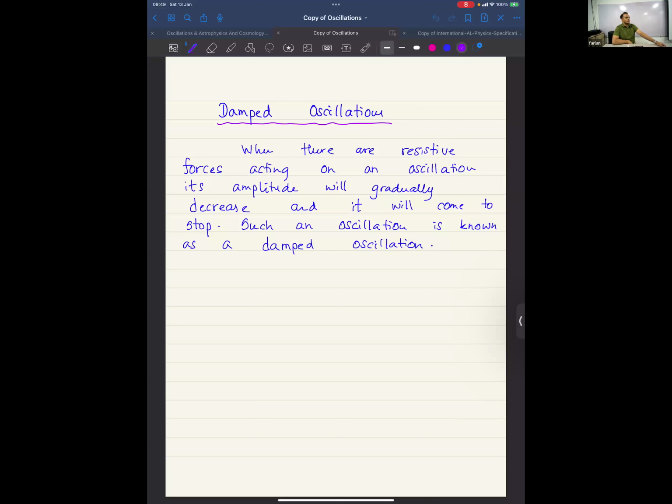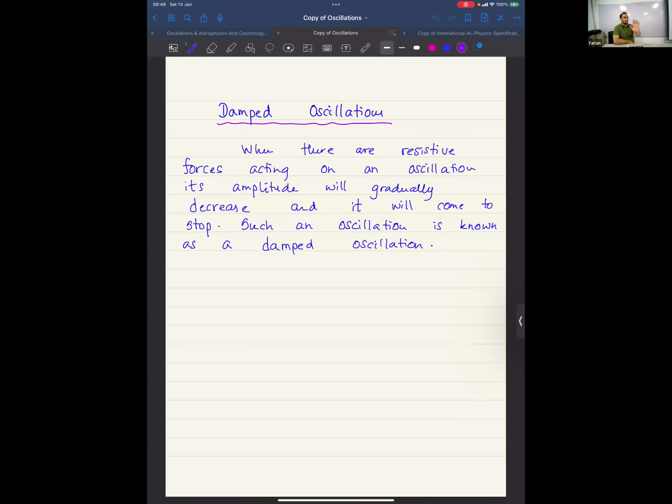Okay, so depending on the degree of damping, it will be decided how soon your energy is going to be dissipated, how soon your oscillation is going to stop. If there are a lot of resistive forces, where the rope or chain is connected, if you hear a kata kata kata sound, that means the friction is more and the energy dissipation is more. So you will come to stop very soon. But if there is less friction, you will take a longer time.